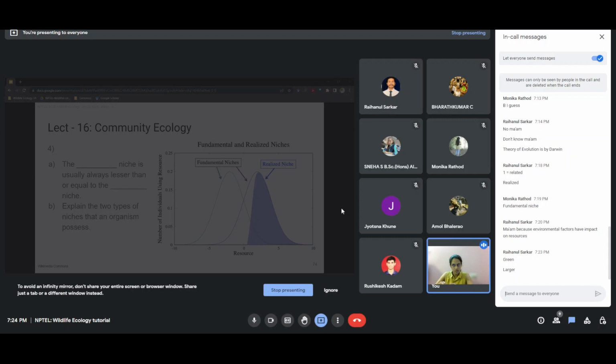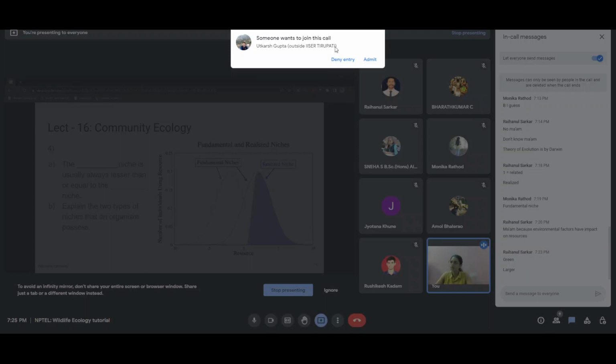I'm not sure what to assume with no responses, but yes, the realized niche of the green species would be larger than the realized niche of the purple species, because the green is more successful when competing for a particular resource as opposed to the purple species, right?